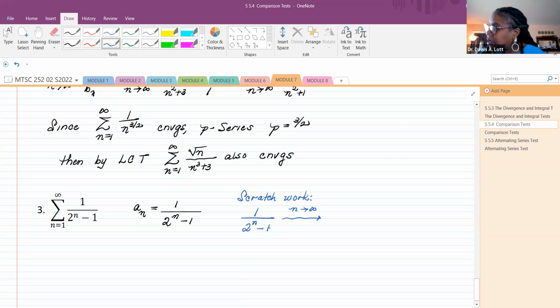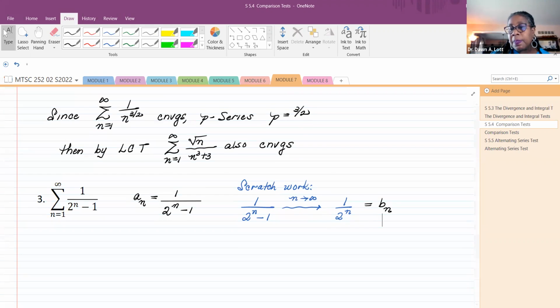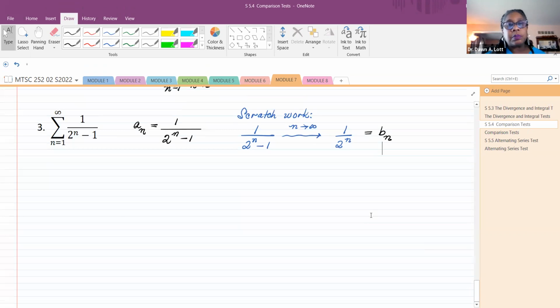As n gets very, very large, 2^n dominates, becomes extremely large, goes to infinity. The minus 1 is there, so this looks like 1/2^n. So that is what I'm going to call my b_n. b_n is going to be the function that this somewhat looks like in the infinite world.